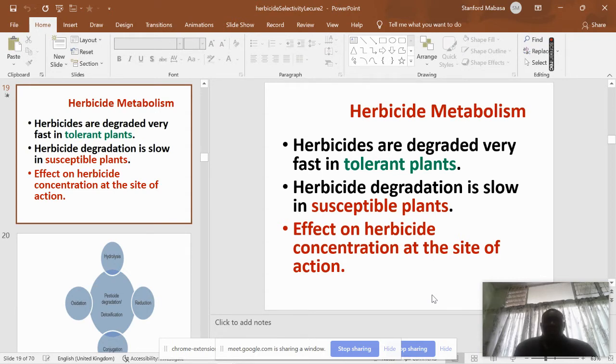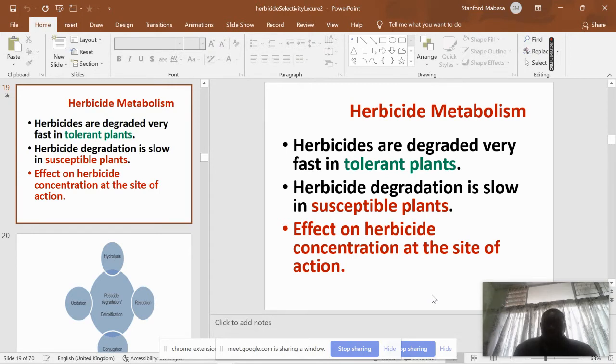Now we move on to herbicide metabolism, which will account for most of the selectivity. If the herbicide enters a plant system, which is a living system, it is going to be degraded either very fast or very slow. If it is fast, it can bring about tolerance in plants.